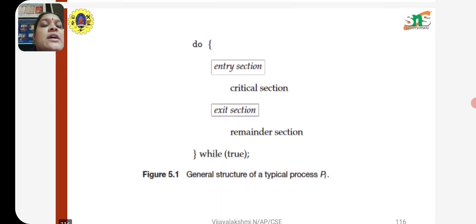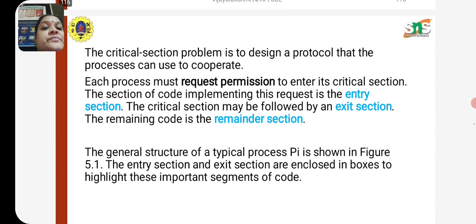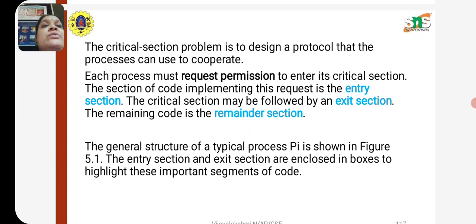See, here we have three sections in the critical section structure: the entry section, the exit section, and the remainder section. What happens in the entry section is that each process, while entering into the critical section, first has to get the permission request for the critical section.